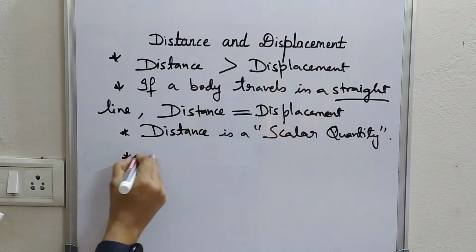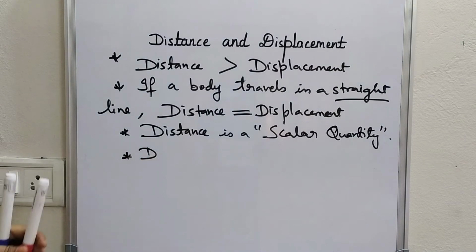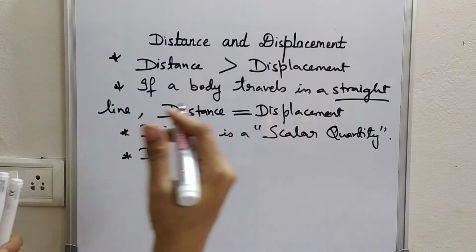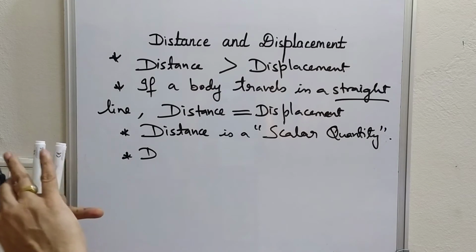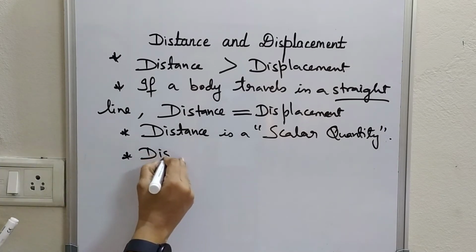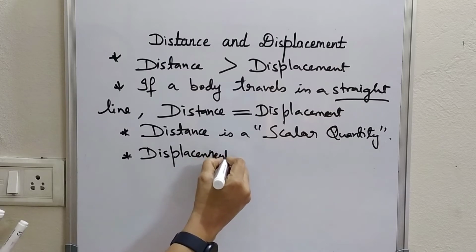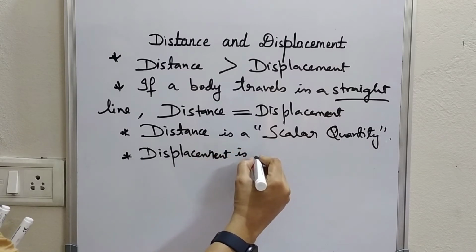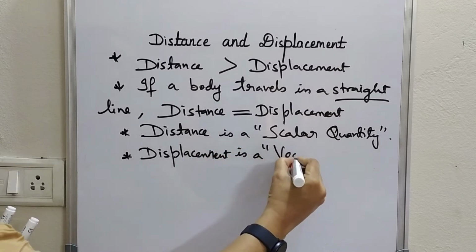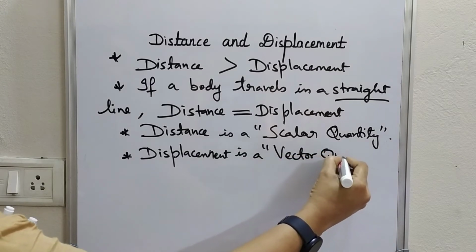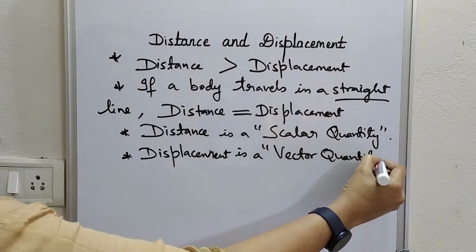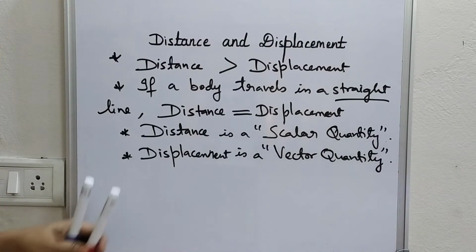Whereas displacement is the shortest distance between initial position and final position in a specific direction. So displacement is direction specific. So displacement is a vector quantity, something that follows the laws of vector algebra.